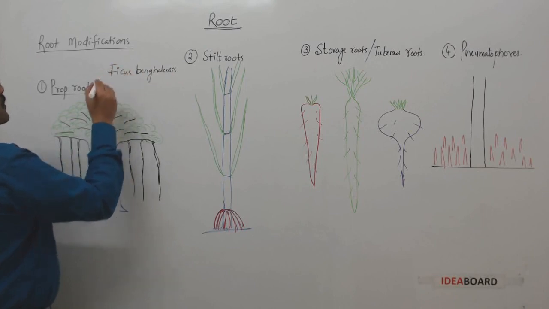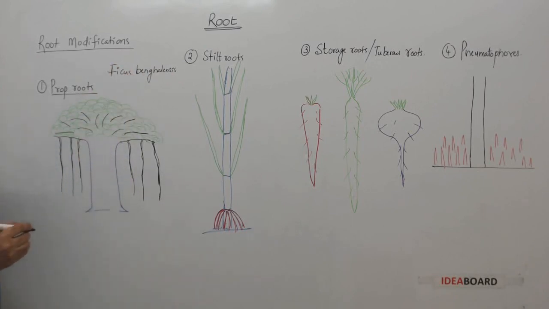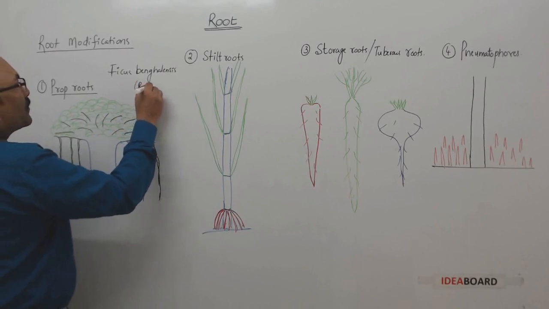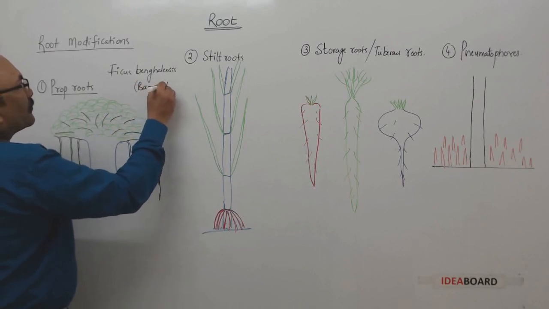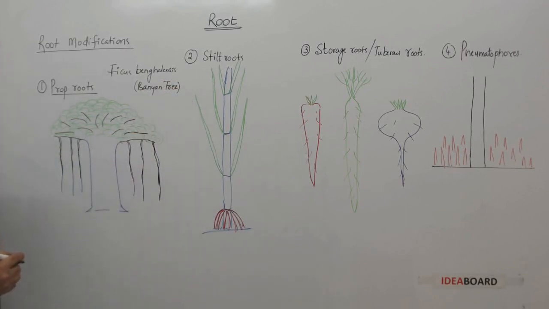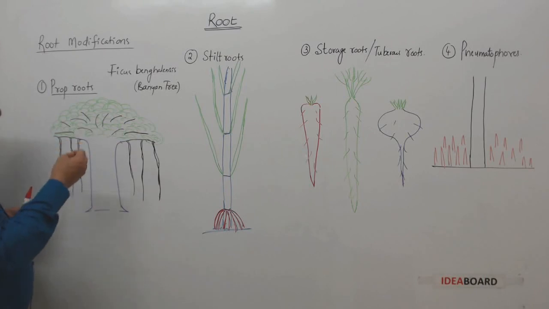Don't forget that this is the national tree, the banyan tree. I hope all of you have observed this tree, and from it you will find some structures hanging down.